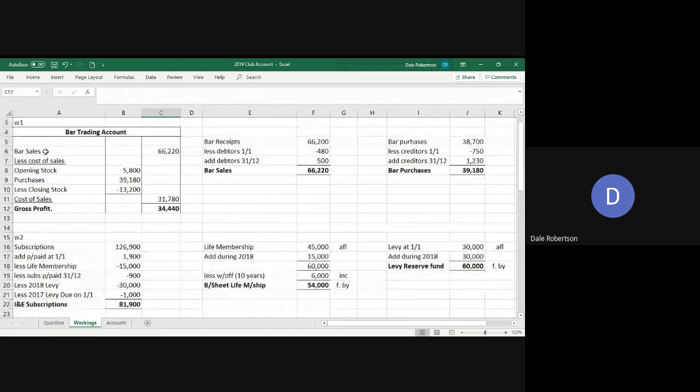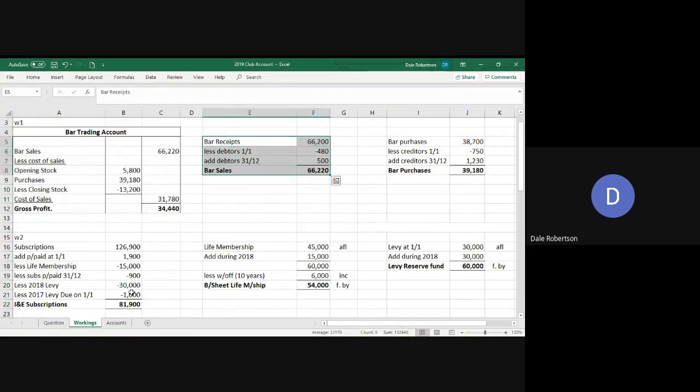Now, a bar trading account is a straightforward account where you have bar sales, take away your cost of sales, opening stock, purchases, take away closing stock, gives you your cost of sales, and then from that you get gross profit.